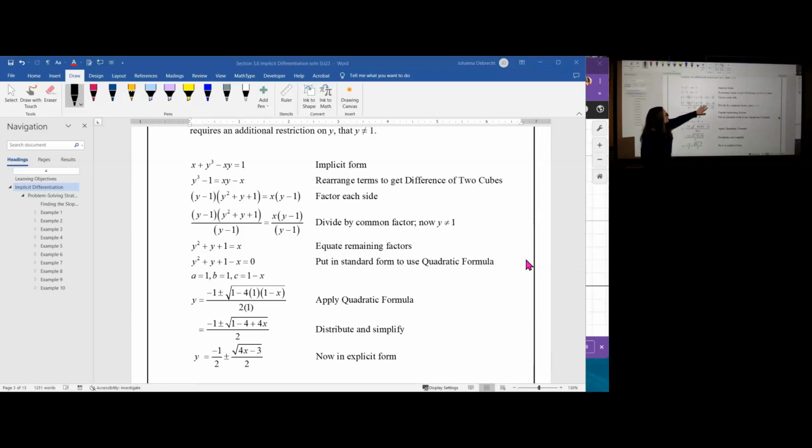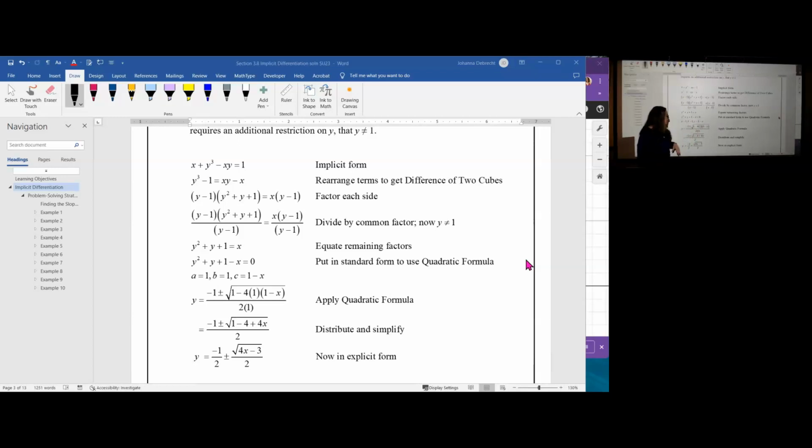Now, when we look at the reduced equation, we have y squared plus y plus 1 equals x. It's quadratic in y, but this x term isn't a y term. That makes it part of the constant term. So the coefficient of the quadratic term is 1, the coefficient of the linear term is 1, and the constant is everything else, including the variable x.